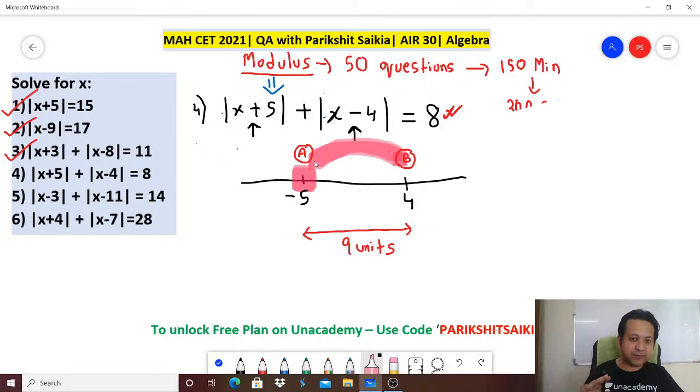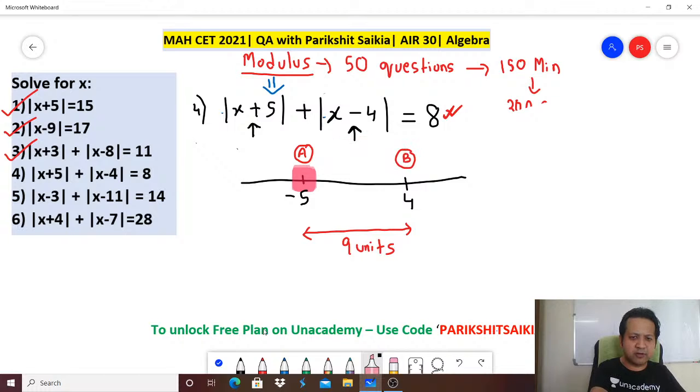It means the answer cannot be A's house. Remember, I need those points where the distance covered is 8. So here the distance covered is 9, so this scenario is not possible. The 2 human beings cannot be meeting at A's house.